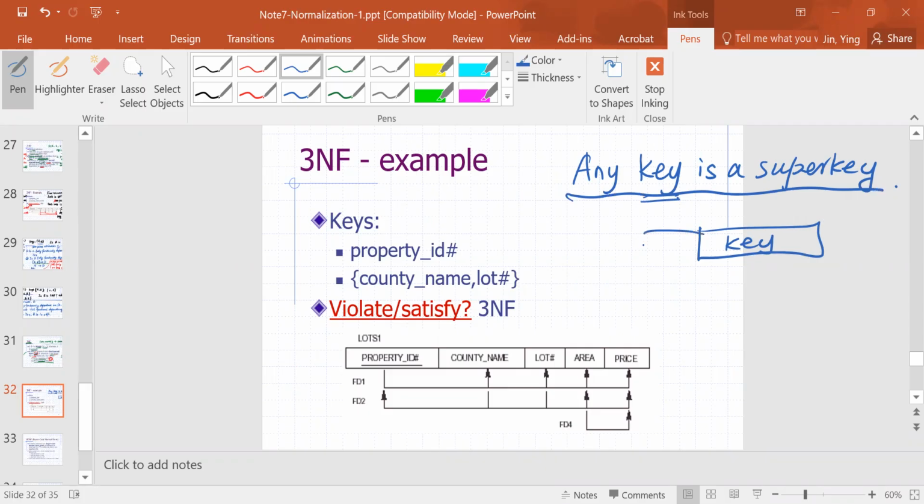Or if I have another attribute like X here, this whole thing is also a super key. So this part can be nothing, so the key itself is a super key, or it can be the key and something else, because a super key doesn't require being minimal, but it must be a unique identifier.